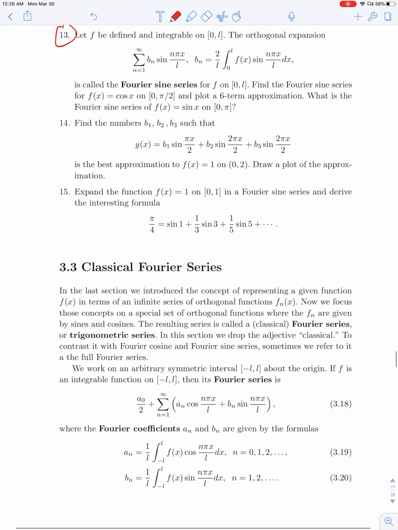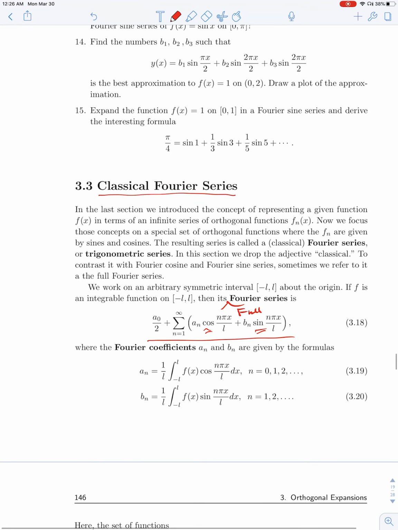Okay, so now we come back to the classical Fourier series, which is the Fourier series that involves the trig functions. This is what we call the full Fourier series. That means that it involves both the sines and the cosines. In this case, this infinite series and the coefficients are given by these two formulas.